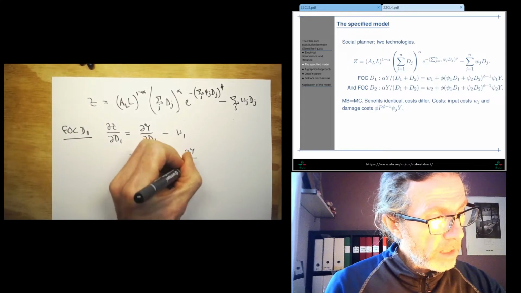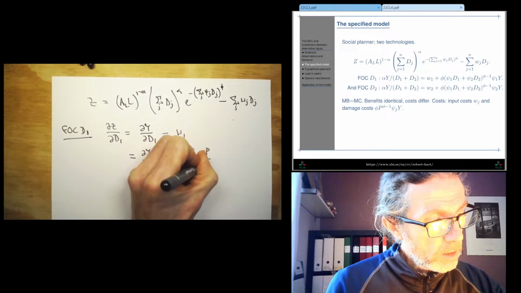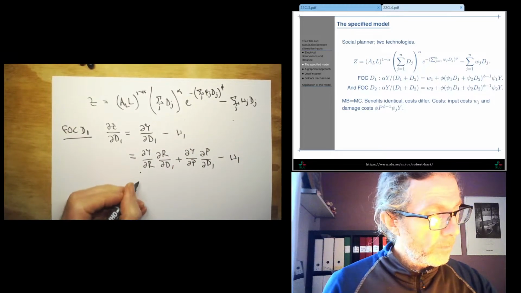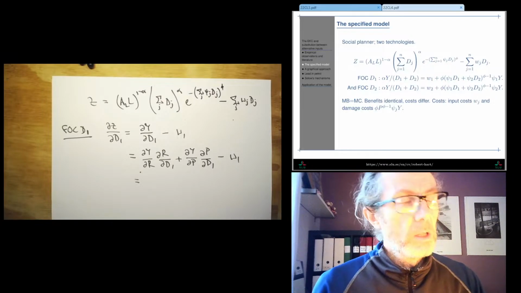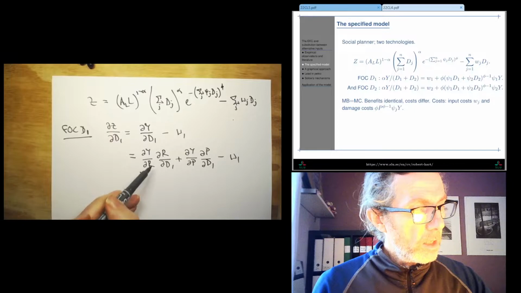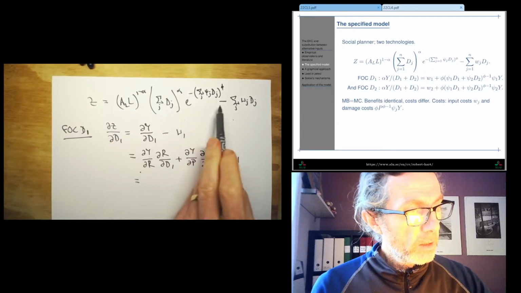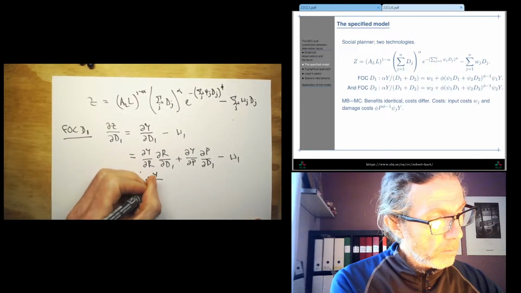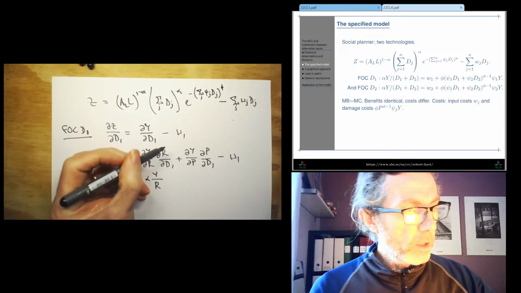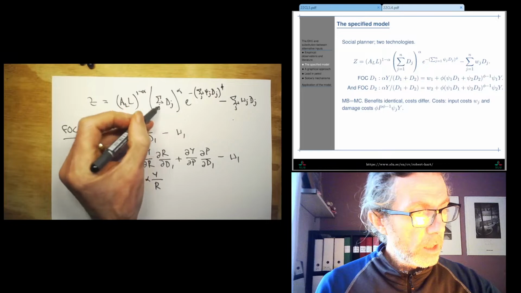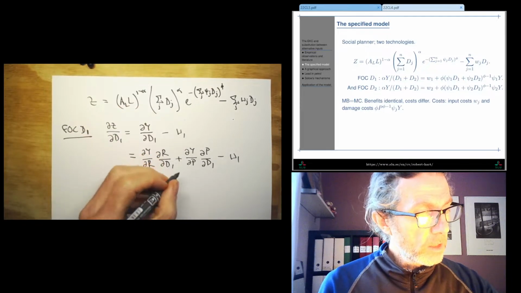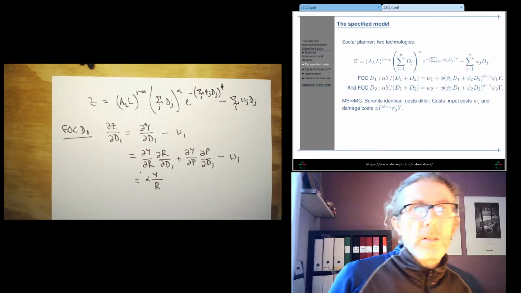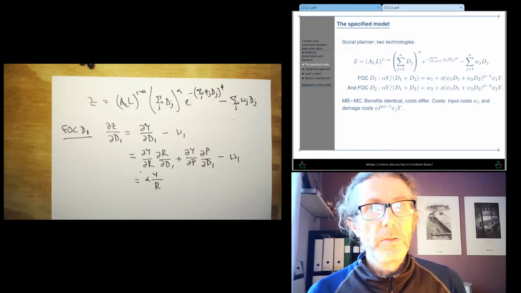So we can think of that as dy dp dp dd1 minus w1. So what is dy dr? It's alpha times y over r. And what is dr dd1? R is just this sum, so dr dd1 is just 1. So that is the first term.